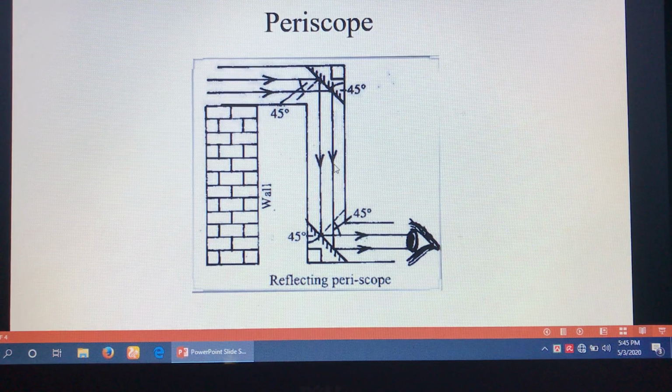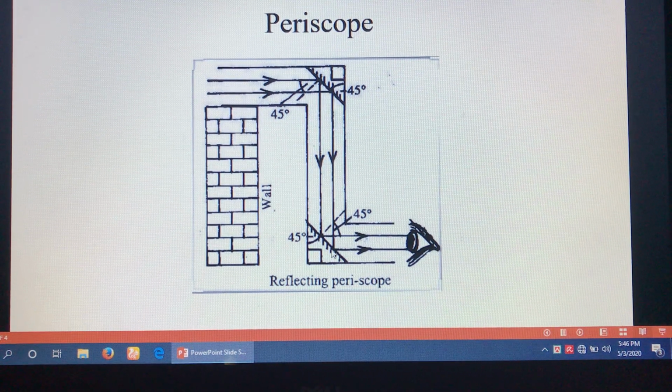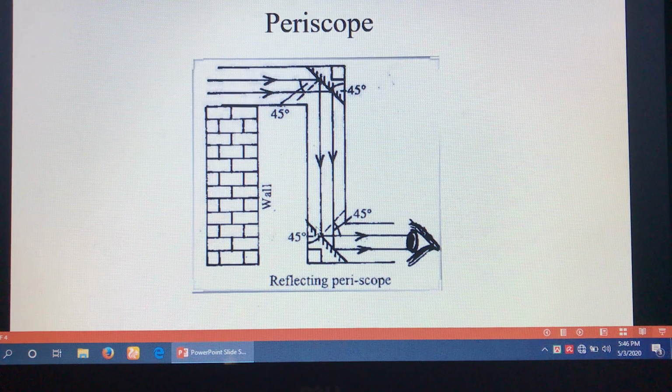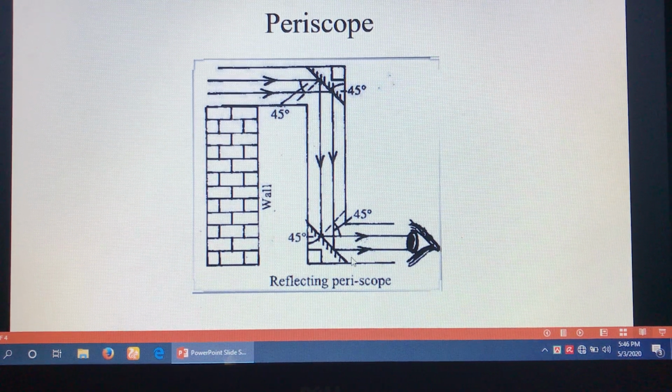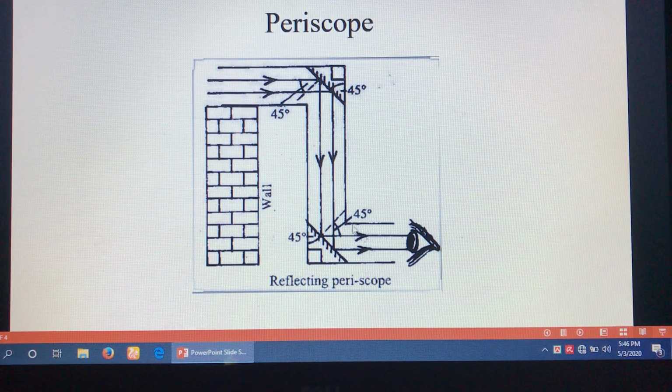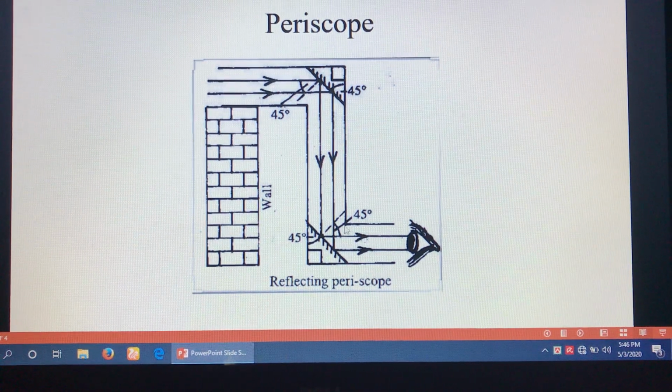So these are the incident rays for the second mirror. They fall on the second mirror with an angle of incidence of 45 degrees, and are reflected at an angle of reflection of 45 degrees, and this reflected ray falls on the eyes.